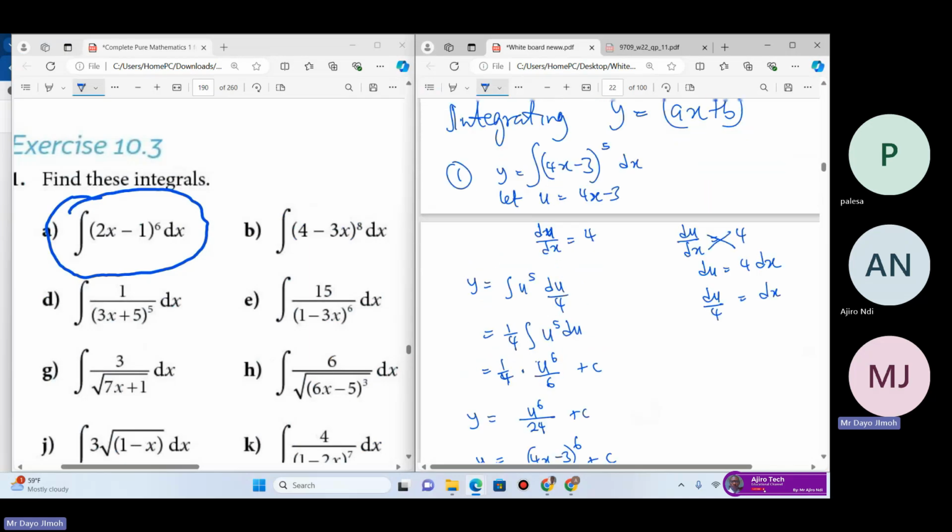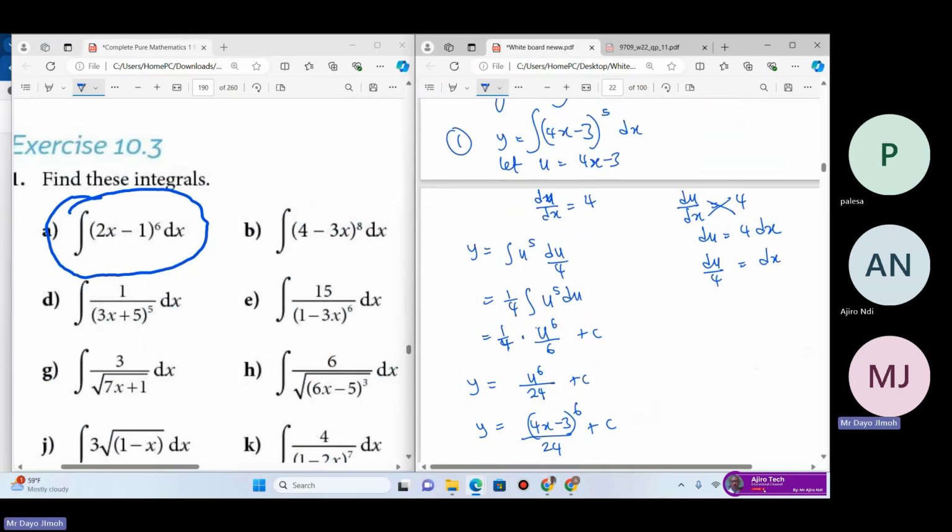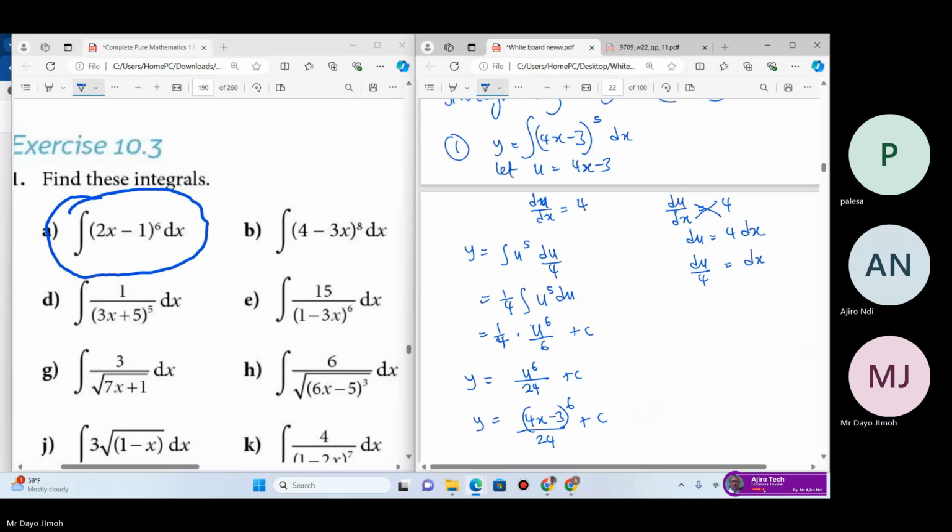You want to still look at the example? Solve it on your own. Yes, sir.